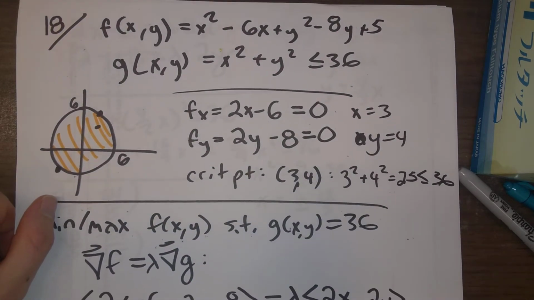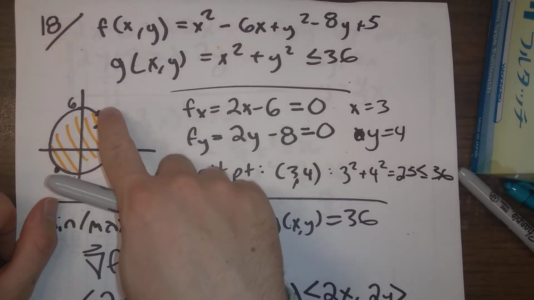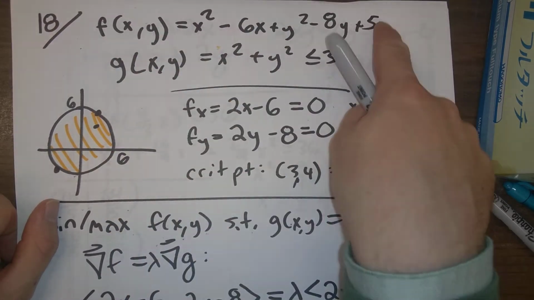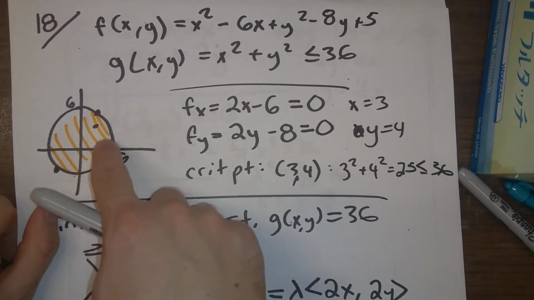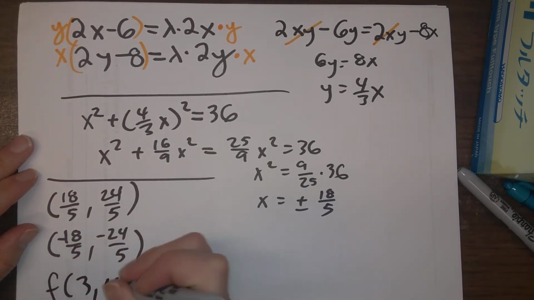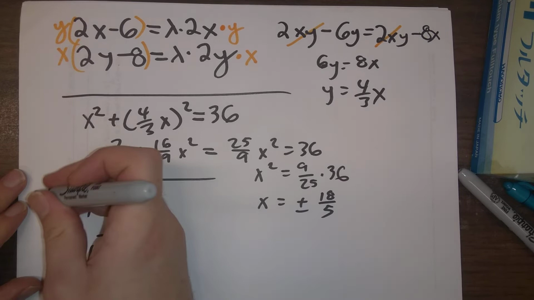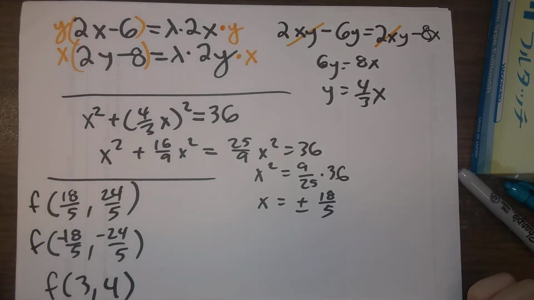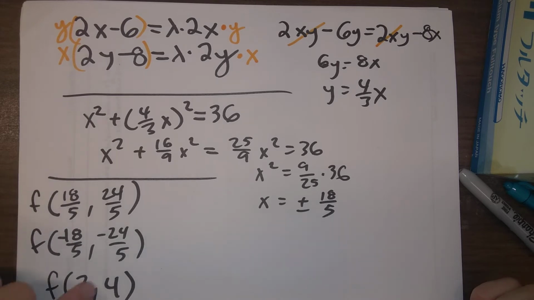So now all we have to do to finish off the problem is to check our objective function, f of x, y, at these 3 points, and pick the biggest and the smallest values. So we'll evaluate the objective function at the 2 points on the boundary and the one in the middle.